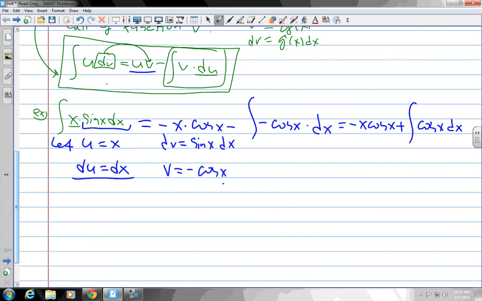That integral you can compute, right? What is the value of that last integral? Sine x. So the whole thing is negative x cosine x plus sine x, and then slap a constant there at the end. Done.